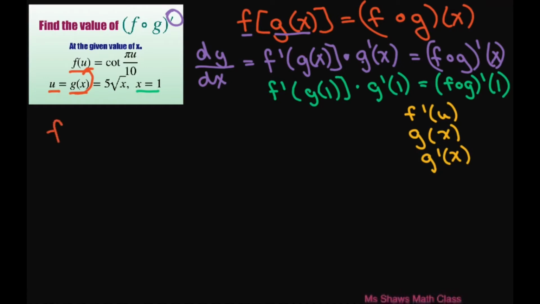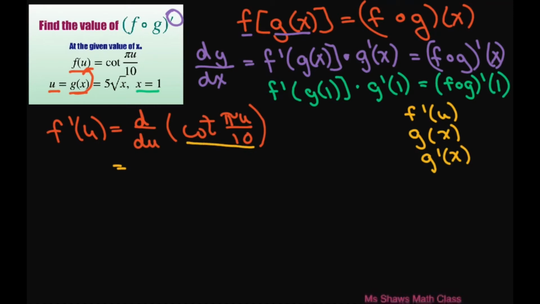Let's do first f prime of u. That's going to be, when you differentiate with respect to u, cotangent of pi times u divided by 10. This equals, the outer function is going to be negative cosecant squared of pi times u divided by 10 times the derivative with respect to u of pi times u divided by 10.